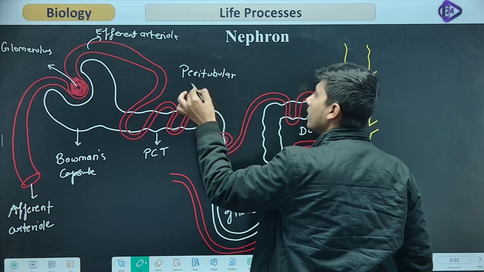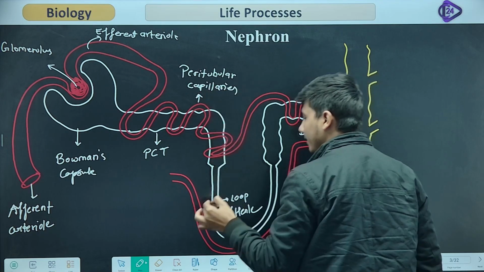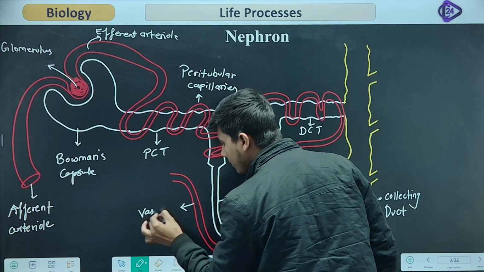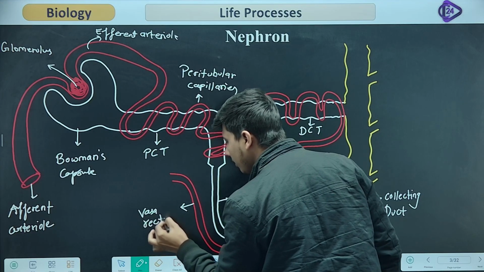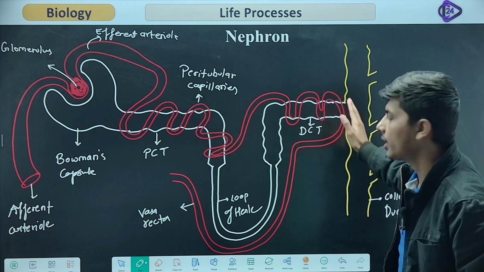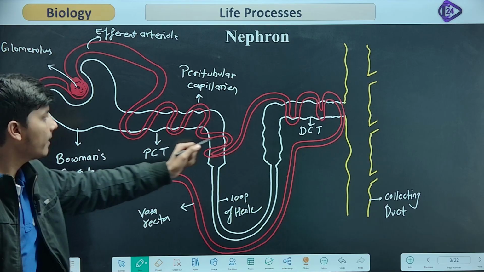And this straight U-shaped artery is called vasa recta. This is the final complete structure of the nephron, starting from renal capsule and renal tubule.